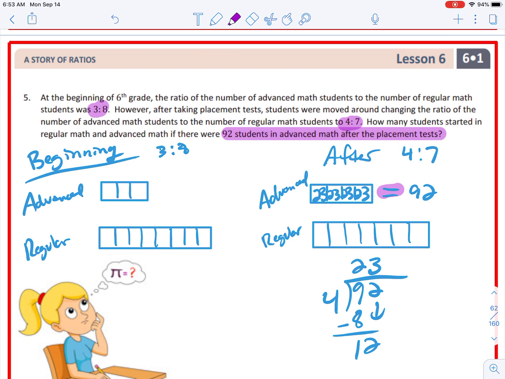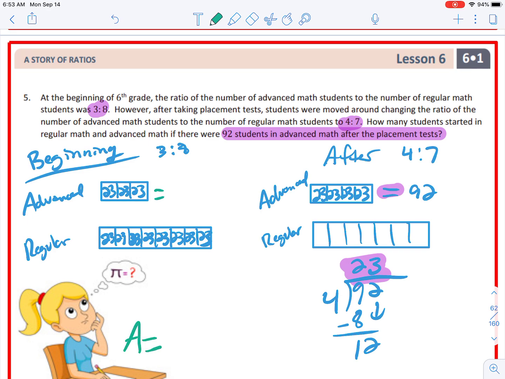So we're going to take this number, 23, and plug it into all the units, because they want to know how many of each were there at the beginning of the year. So let's figure out the advanced group.